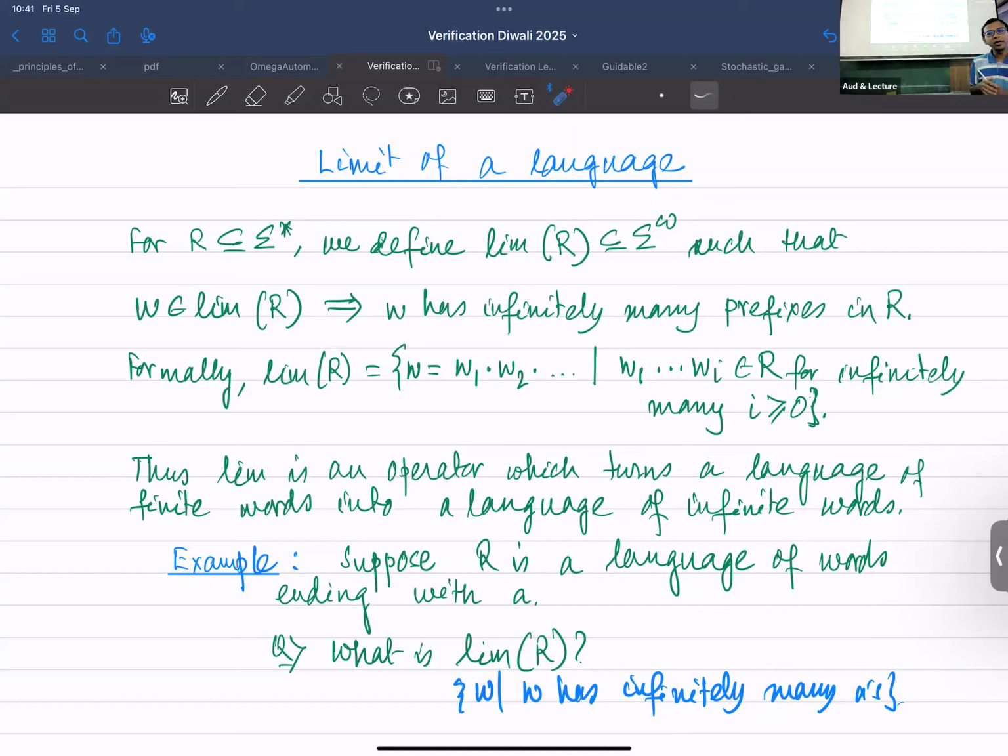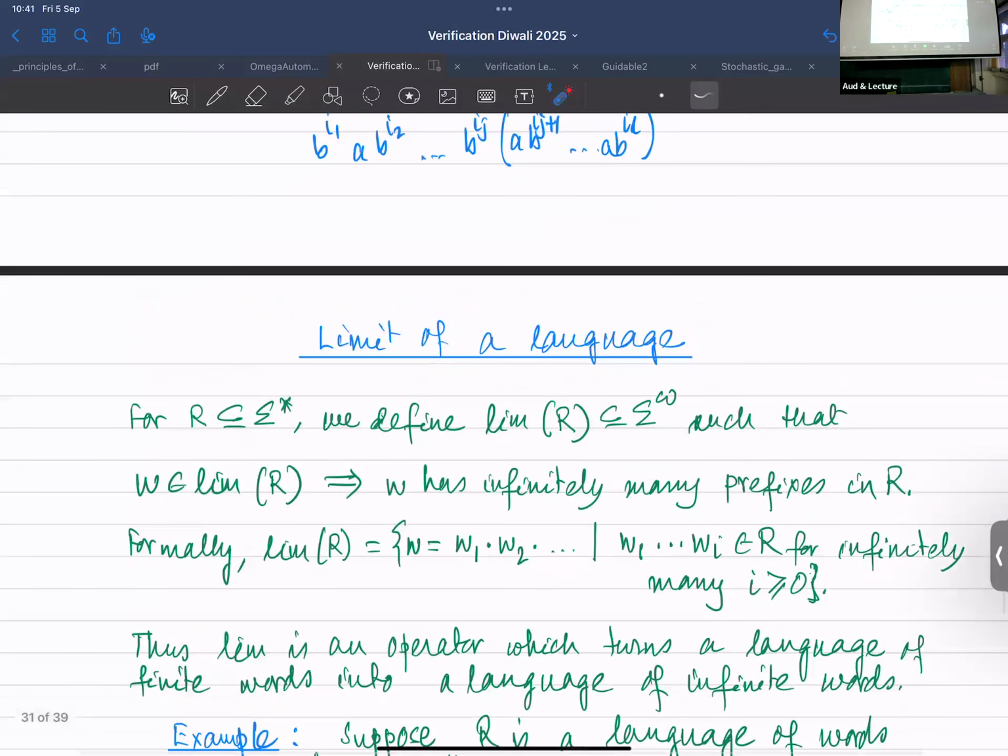Now, can you have some kind of connection between the limit of a regular language and a language which is accepted by a DBW? It's a DBW language if it is the limit of something. Exactly, right? So a language L is accepted by a DBW if and only if it is the limit of some regular language R. That's what we are going to do.